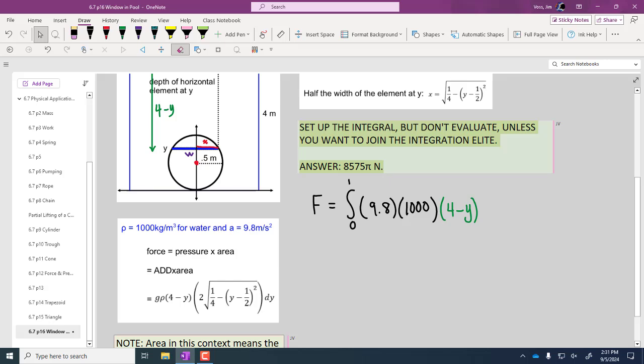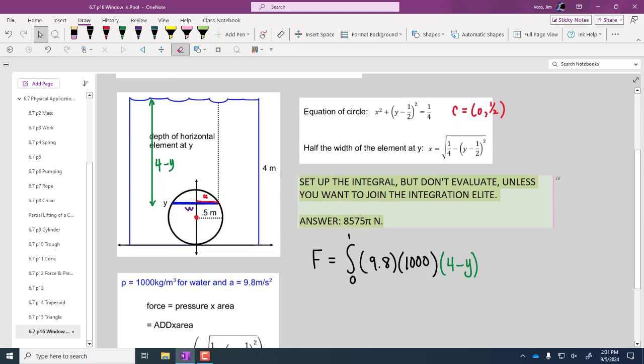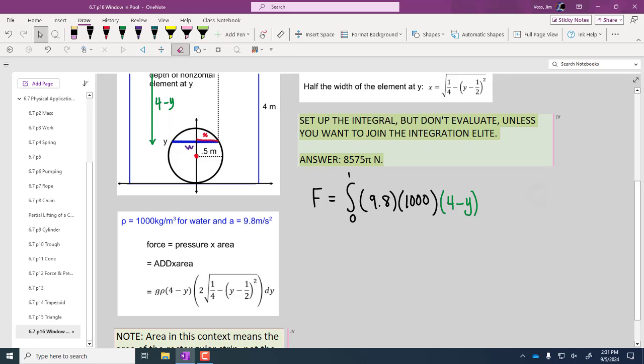Okay, so now we have ADD, and we need the area. Area is going to be the width of the strip. That's all the way across. That's the blue. The red is just half of it, though, measuring from the y-axis over to the circle, so we have to double that x value right there. So we're going to have 2 square root.